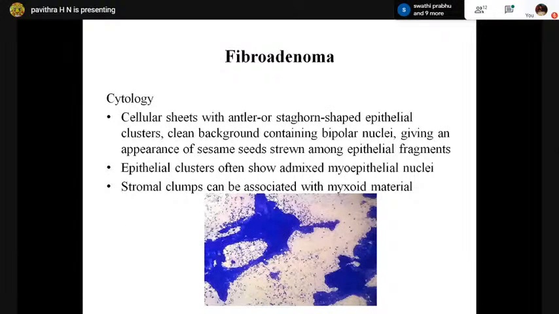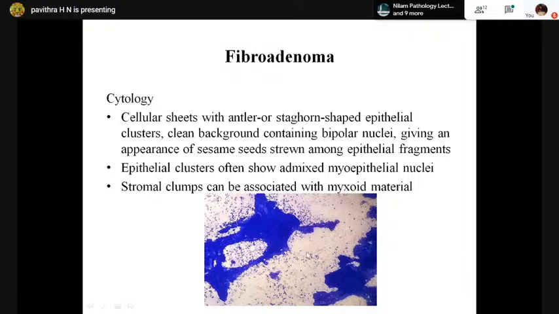So this is cytology from FNA of one of our patients with fibroadenoma. What you can see is that usually the smears of FNA would be very cellular, and they will have antler or staghorn shaped epithelial clusters. So they will have deep lobations like this one. In the background you can see bipolar nuclei.